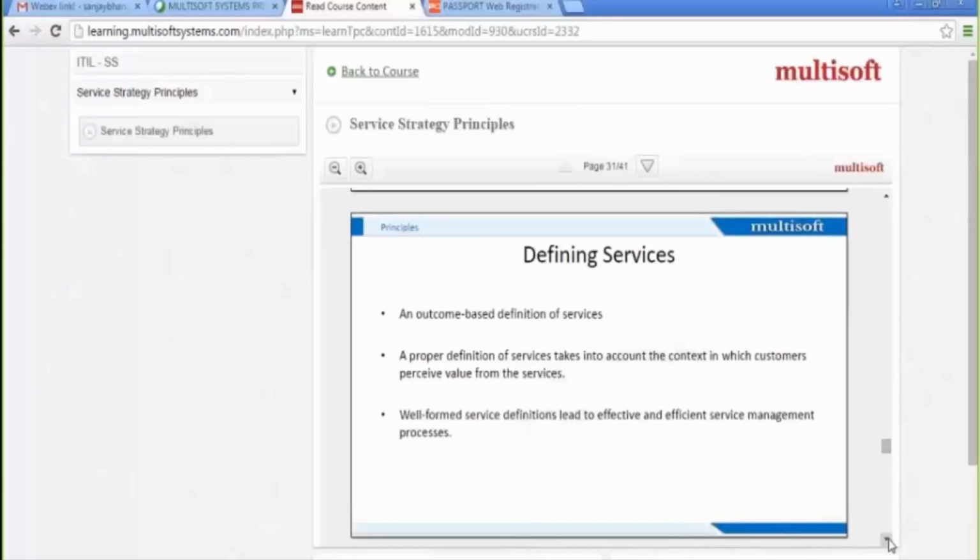What is the meaning of defining services? The result based on the service. According to ITIL, the service definition is that we are delivering some value, and that value facilitates some outcomes, that is my result, which the customer wants to achieve without cost and risk.